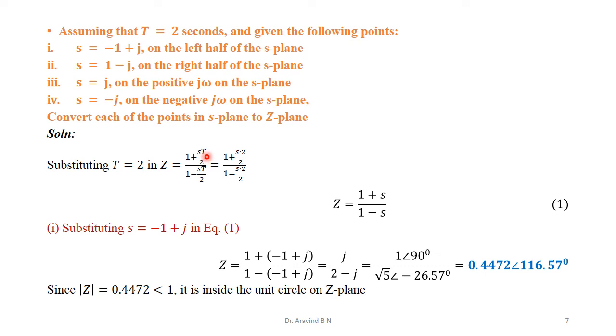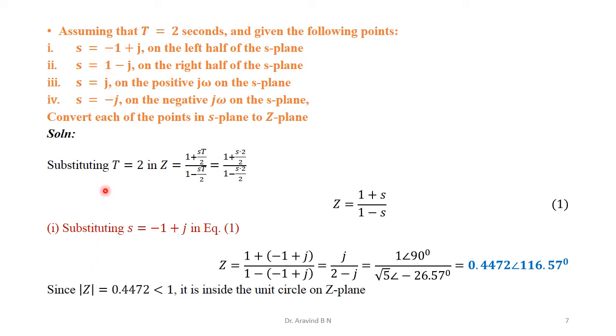If we make the simplification, the 2 and 2 divide out in the numerator, and in the denominator also the 2 and 2 divide out. The remaining factor is z is equal to (1 plus s) divided by (1 minus s). This is the initial part of the solution before entering into the actual solution. Let us consider this as equation 1. Now start the simplification one after another.